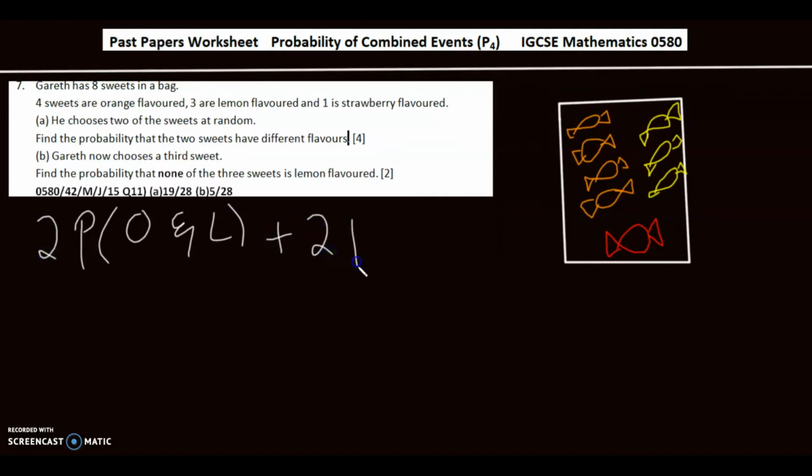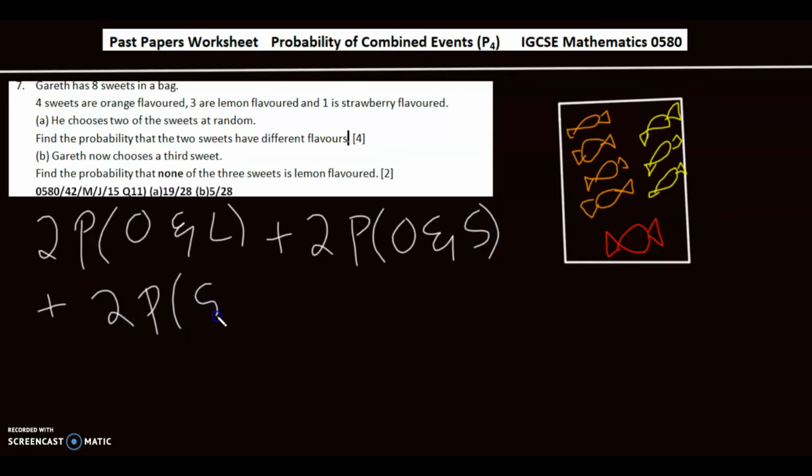Similarly, 2 times probability of getting orange and strawberry plus 2 times probability of getting strawberry and orange. I'm multiplying it with 2 because the first case can be orange and the second sweet can be lemon, or the other way around. So we're multiplying it with 2.